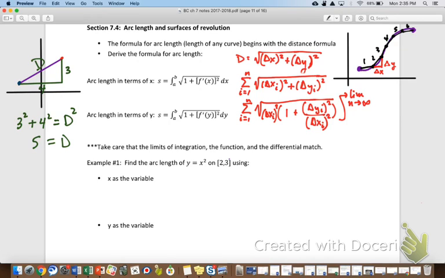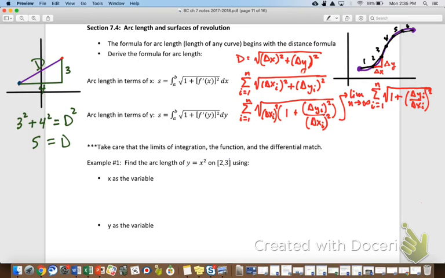So limit as n approaches infinity of sigma from i equals 1 to n. And I am going to do a little bit more arithmetic magic here. Inside here I'll have 1 plus delta y over delta x. But if you're squaring the numerator and you're squaring the denominator, isn't that the same as the whole fraction being squared?